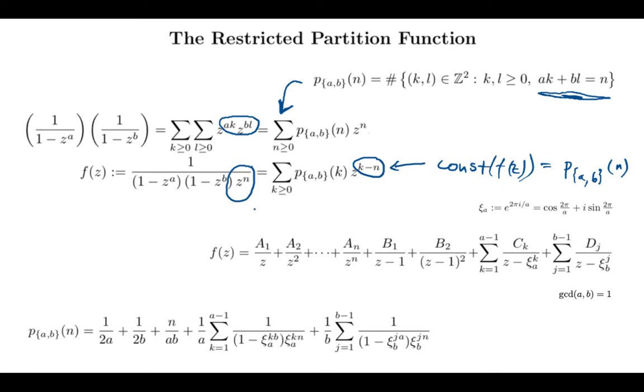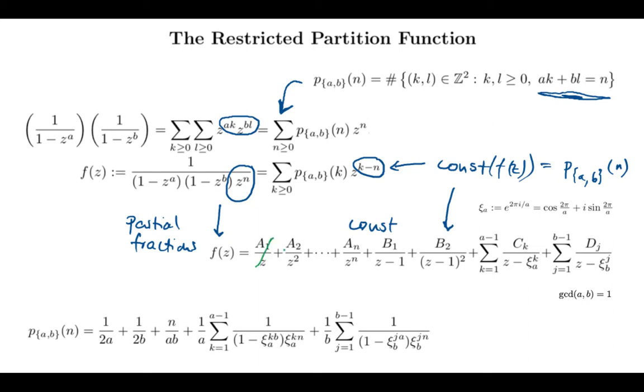Okay, and so as we discussed in the previous video, we'll do partial fraction expansion. And again, the point is that to compute this constant term, I can now compute the constant terms of each term down here. And we talked about this already a little bit.